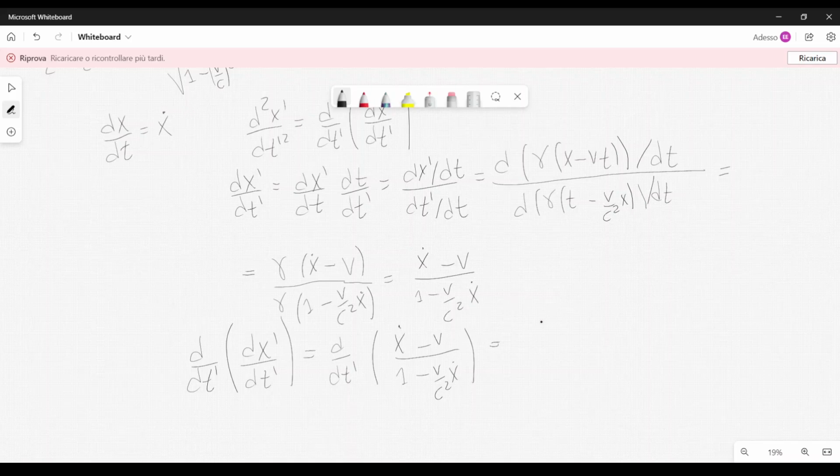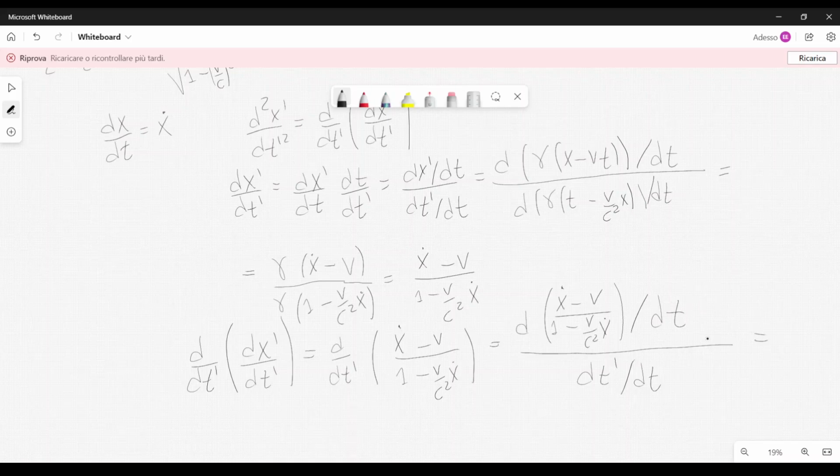And this is equal to d of x dot minus v over 1 minus v over c squared x dot, divided by dt, because we can take the derivative with respect to time, and then we have dt prime over dt here. So I'm taking the ratio between these two derivatives using the chain rule as we did earlier.